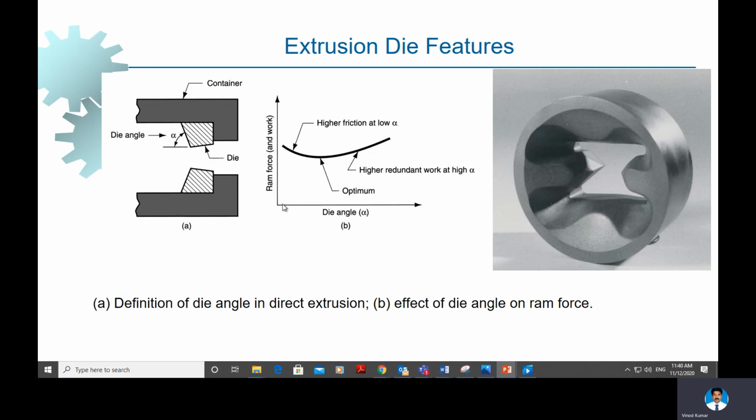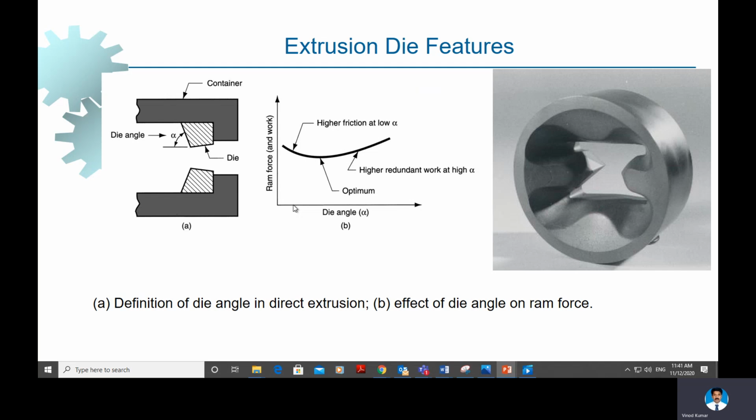If the die angle is very small, then the frictional force acting between the material and the container walls will be very high, and even the friction at this area will be very high, so that more force or pressure is required for extrusion.